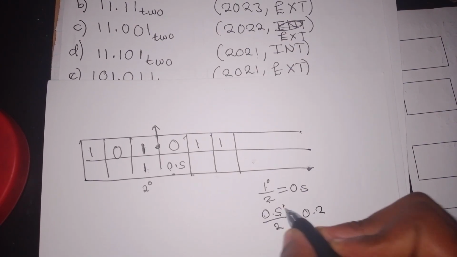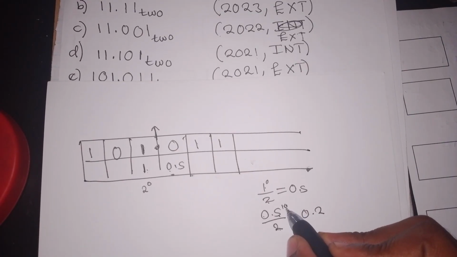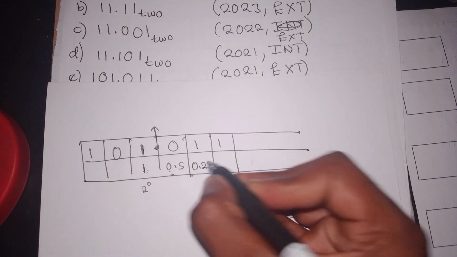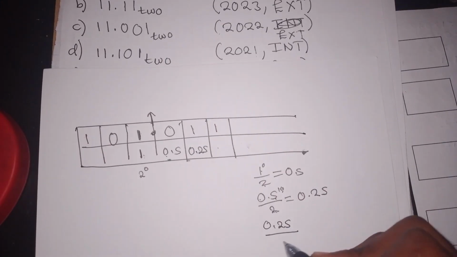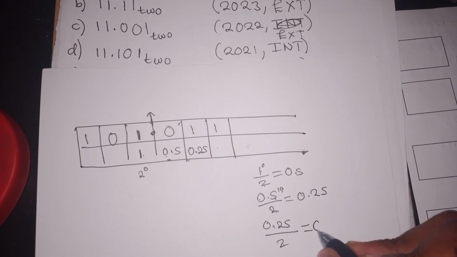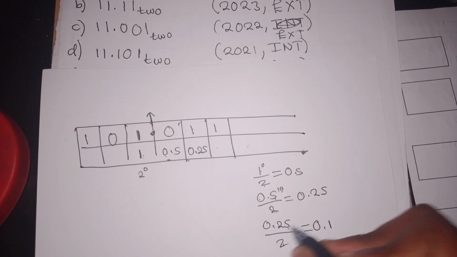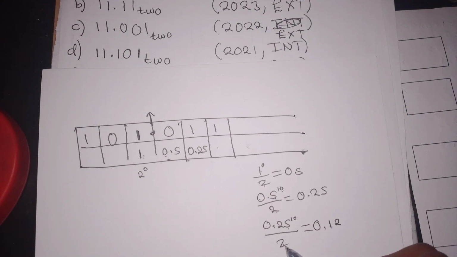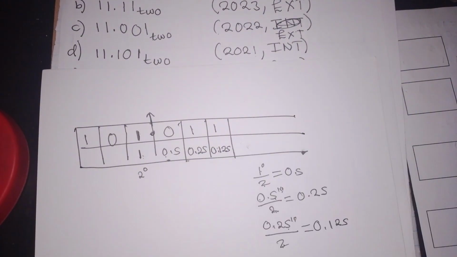And then 0.5 divided by 2, you have a 0, and then 2 into 5, that's a 2, remainder 1, but because we are dealing with decimals, you put a 0 there. And then 2 into 10, this will be a 5, so you have 0.25, and then next you have 0.25 divided by 2. This will be 0.1, 2 into 5, that's a 2, remainder 1. You put a 0 there and say 2 into 10, that's a 5, so you have 0.125.